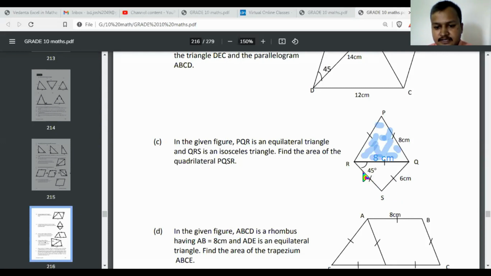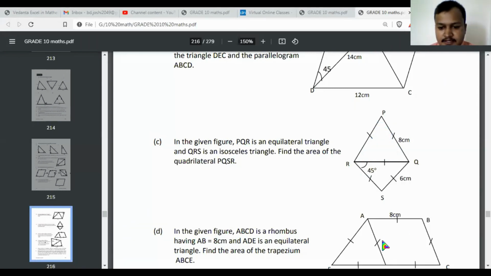RS is 6 centimeter. Let me write it here. Why is it 6? Because it is an isosceles triangle. RQ is 6 means RS is also 6 and RQ is 8. By finding the area of both triangles, we have to add both.